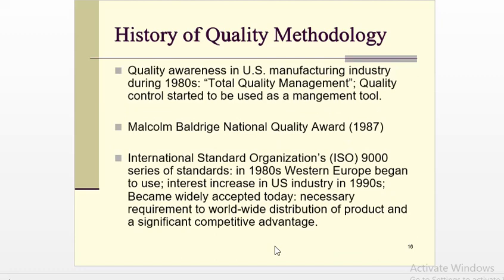Then if you see the history of quality methodology, quality awareness in the US manufacturing industry during the 1980s brought total quality management, and quality control started to be used as a management tool. The international standards organization's ISO 9000 series of standards in the 1980s in Western Europe began to be used, with increasing interest from US industries in the 1990s, and became widely accepted, today a necessary requirement for worldwide distribution of products and a significant competitive advantage.